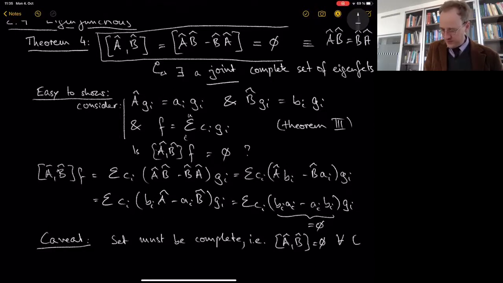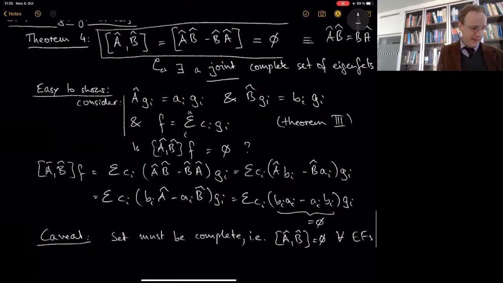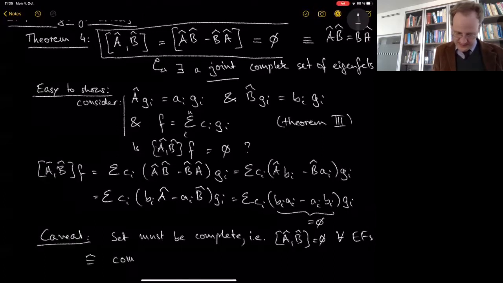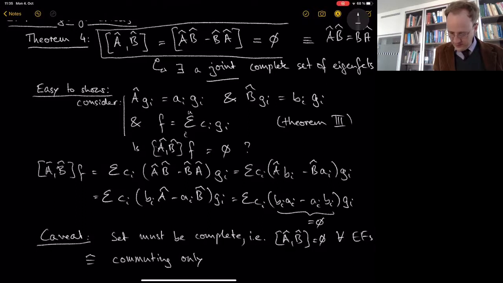For all eigenfunctions, okay? If it's just for one eigenfunction, that's not sufficient, right? So that means commuting only for a subset is insufficient.